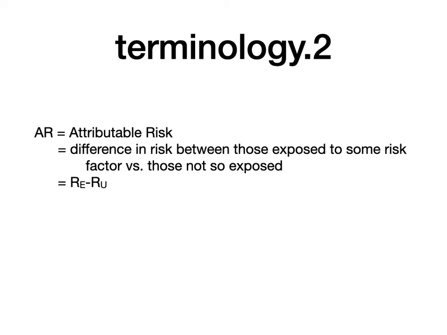But what we're trying to get at is, for the population, how much of the risk can you assign to the exposure? That's what we're really after. It's a very common epidemiologic term, completely satisfactory in every way, of attributable risk, and it's RE minus RU.